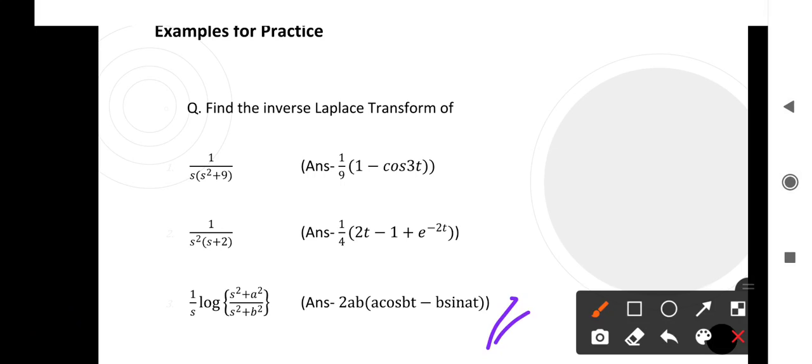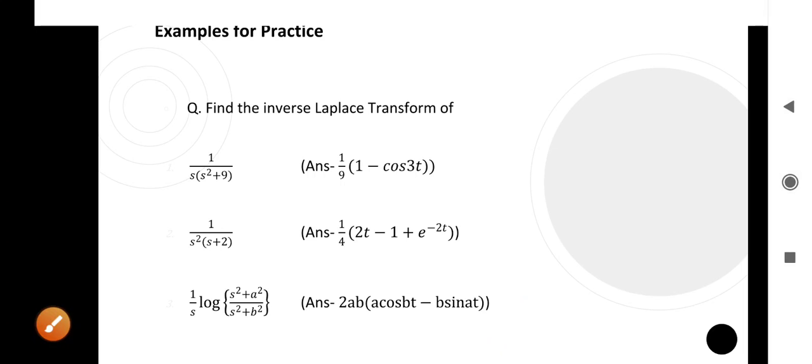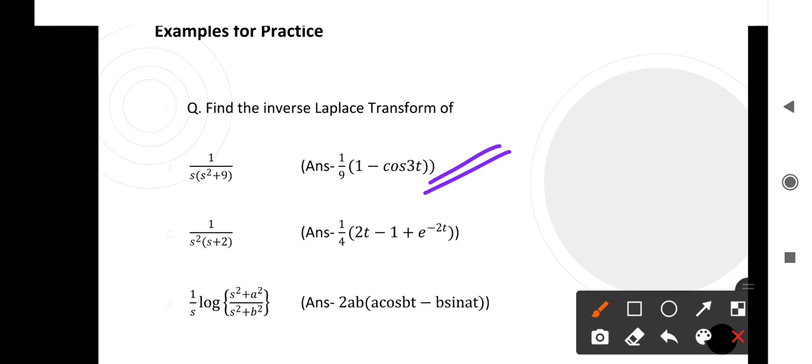This method is also very useful to find the inverse LT of functions. Such types of examples may be asked in MCQs. This method does not have that much weightage in university question paper examples, but it may be used in another method, that is use of the convolution theorem or use of the method of partial fractions, or sometimes in combination with another method.